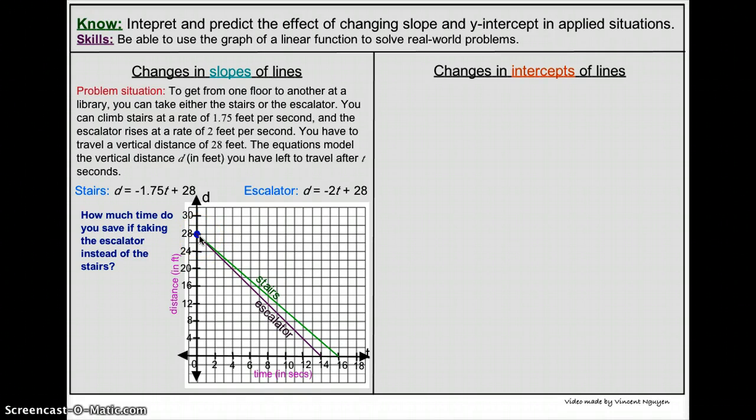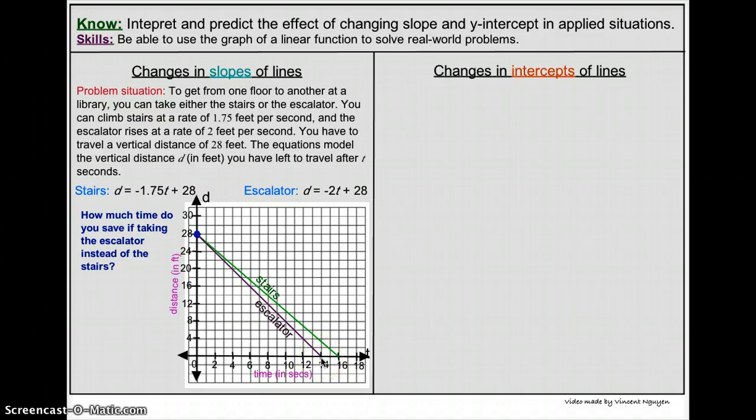When I graph them, I see that the stairs function intersects the x-axis at 16, which means that if I take the stairs, I would get from one floor to the next by walking in 16 seconds. The escalator function gave me a graph that intersects the x-axis, or t in our case, at 14.